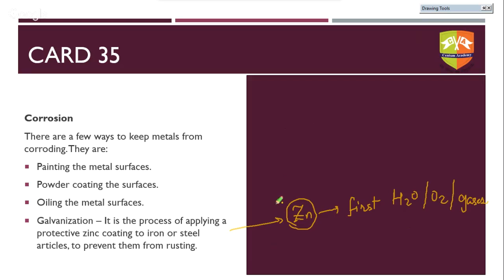When we say that the coating is broken, we don't mean that the coating is completely removed. The question simply means that, let's say you have a metal container and everything was coated with zinc, but now you have a gap in it. Even when there is a gap, and moisture is now touching the inner metal, why is the metal not getting corroded? The reason is, even if moisture is coming in and the metal is wanting to react, it is zinc which will react faster than the metal.